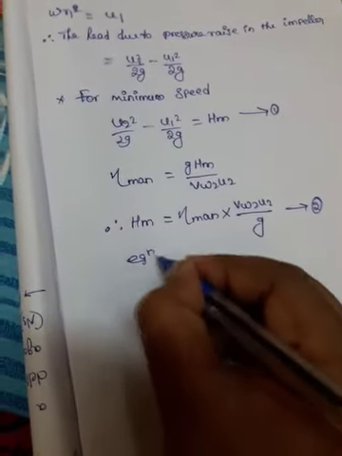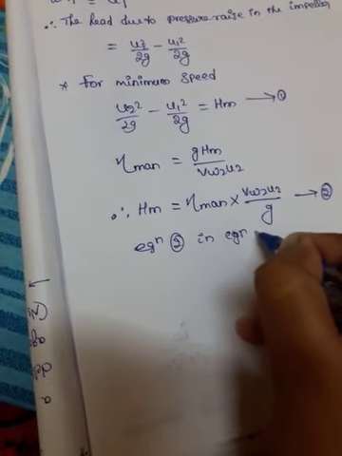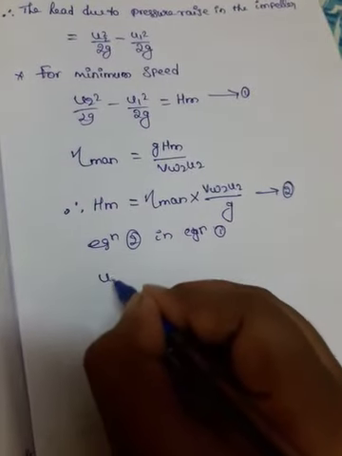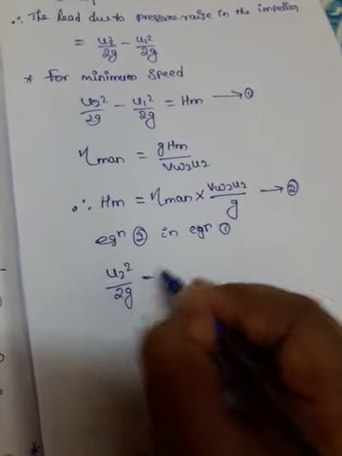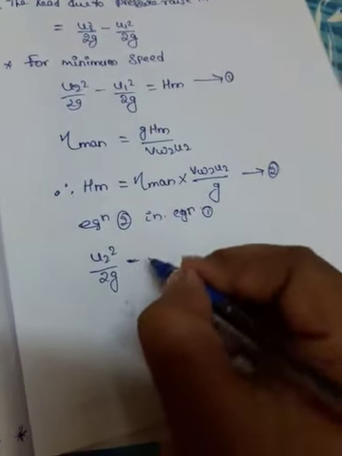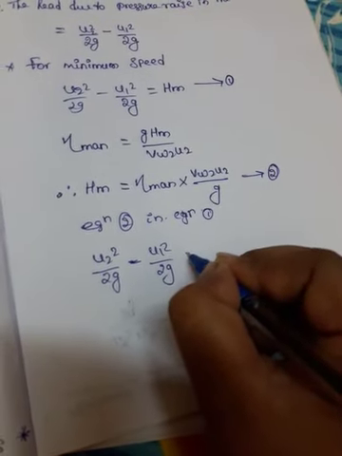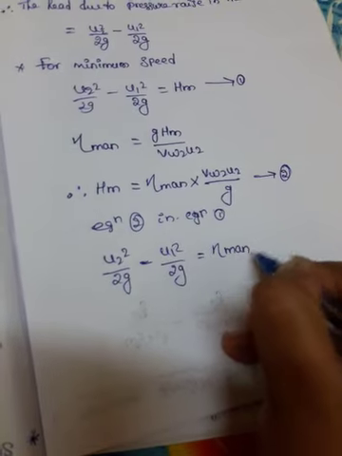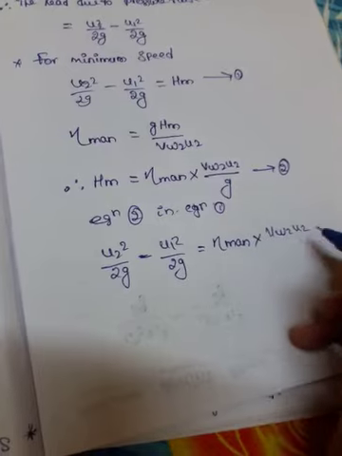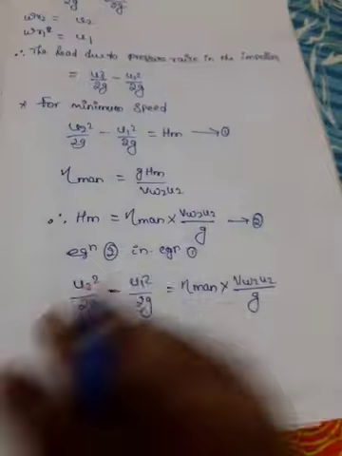Substituting equation 2 in equation 1, we get u2 square by 2g minus u1 square by 2g equal to eta MAN into Vw2 u2 by g.